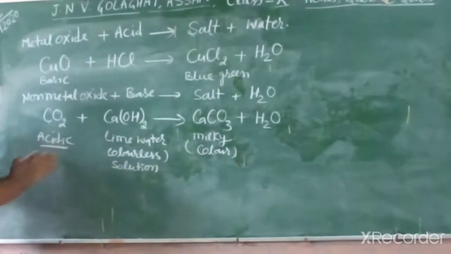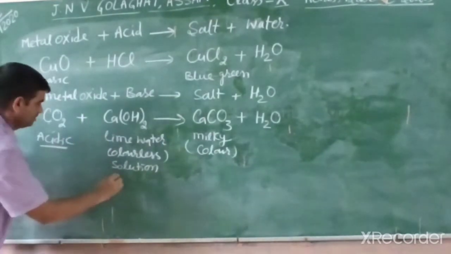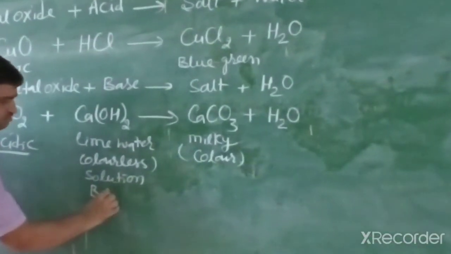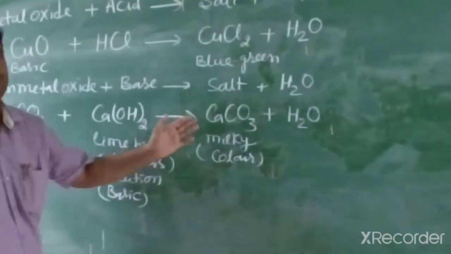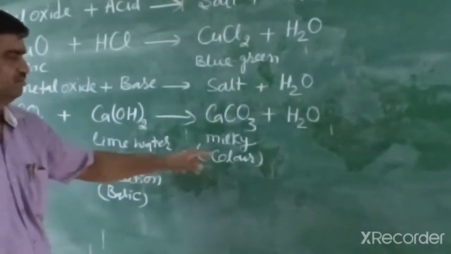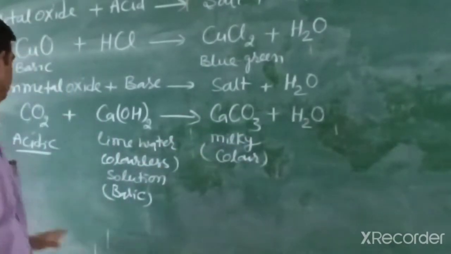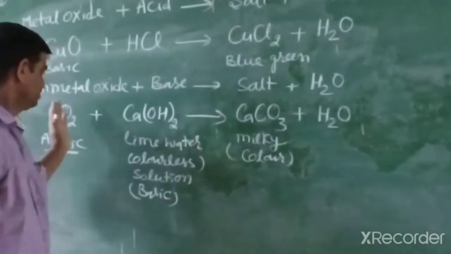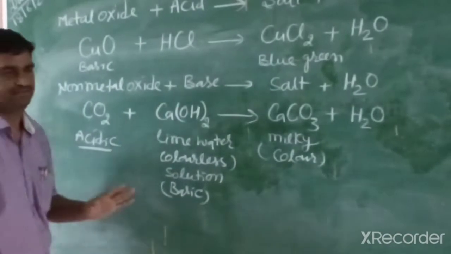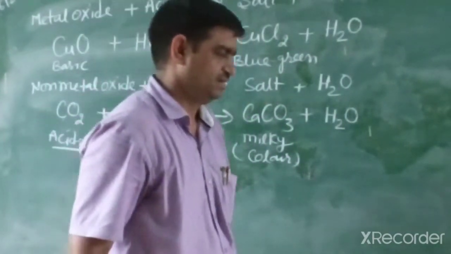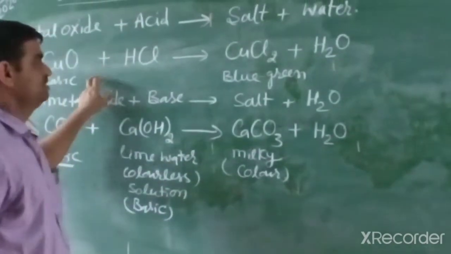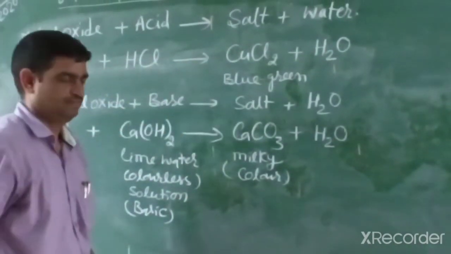When we pass the gas, and this solution is basic in nature, it forms salt and water, and this has a milky color. This shows non-metal oxides are acidic in nature. We can confirm this by this reaction. Non-metal oxides are acidic and metal oxides are basic.